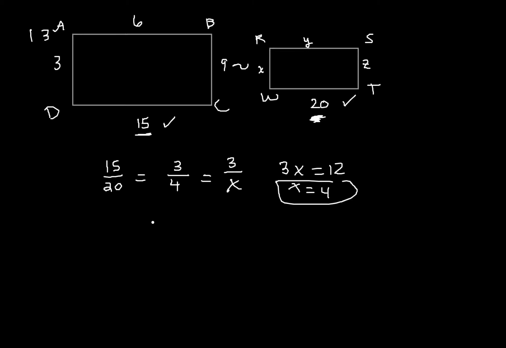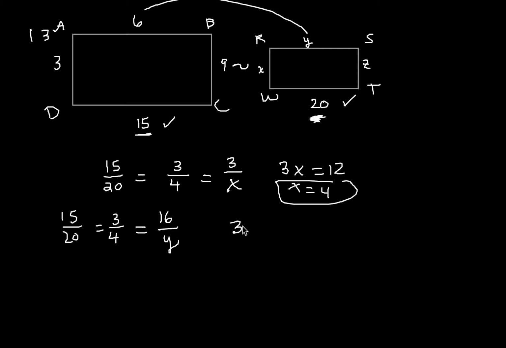Okay, let's get y. So here's y. We use our 3 over 4, which started out as 15 over 20. Let's just keep that in mind. Which one goes with the 15? This quadrilateral, so we're going to use the 6 over the y, because here's our 20, and we have to make sure these two sides are in the same place.